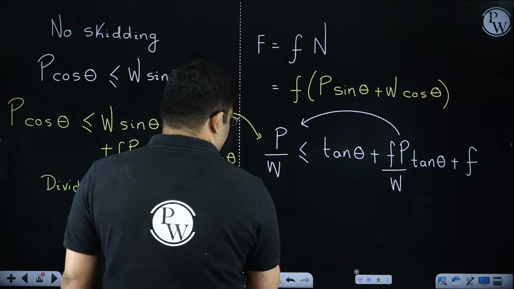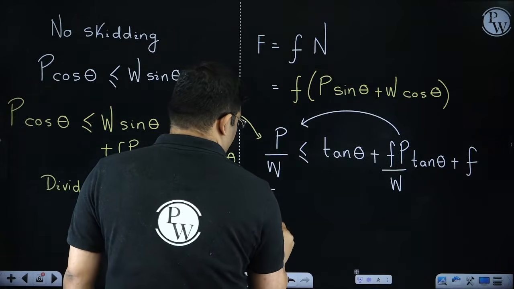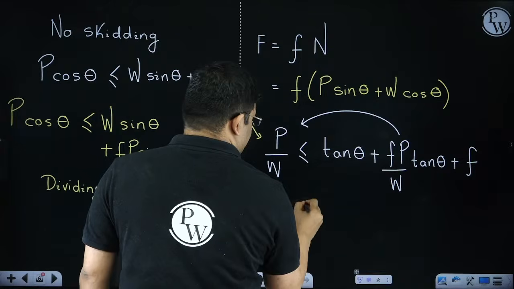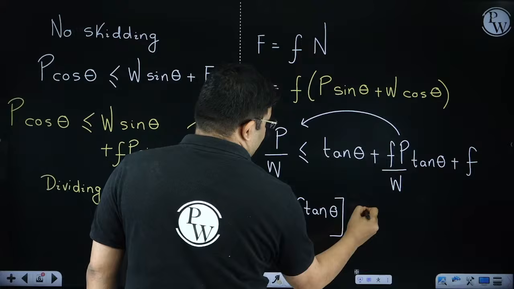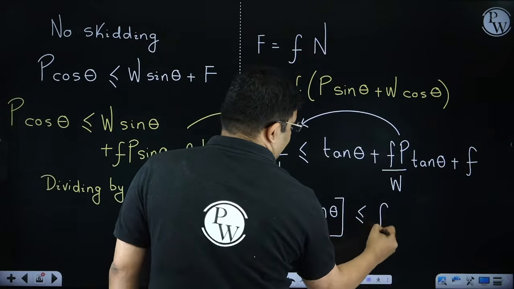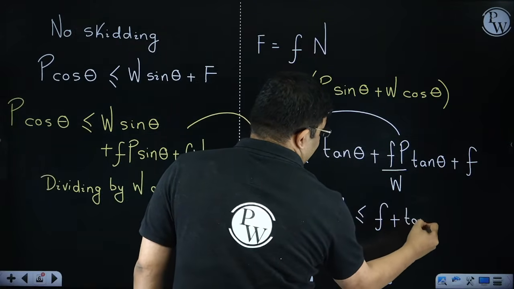It becomes P by W (1 minus F tan theta) less than or equal to F plus tan theta.